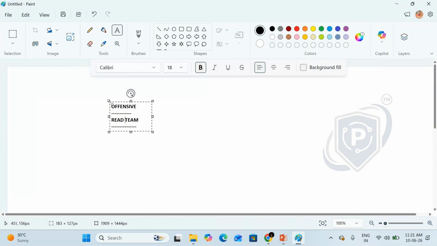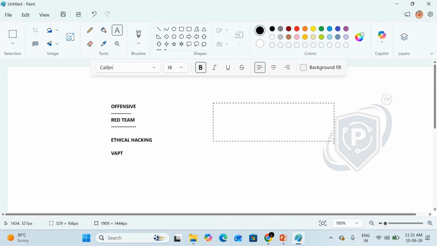Red team is mostly ethical hacking and VAPT, ethical hacking and VAPT. Defense: almost all modules come under the defensive side. Blue team.